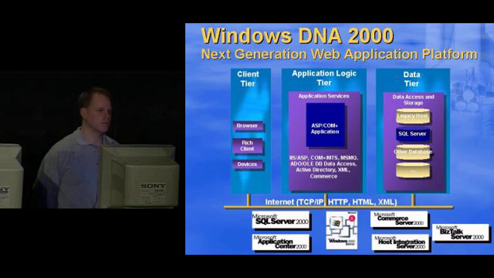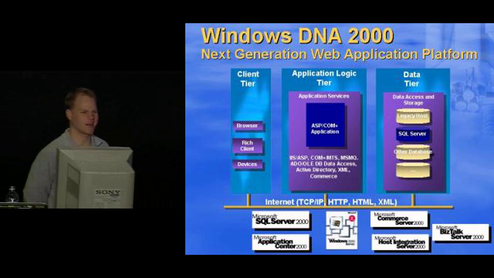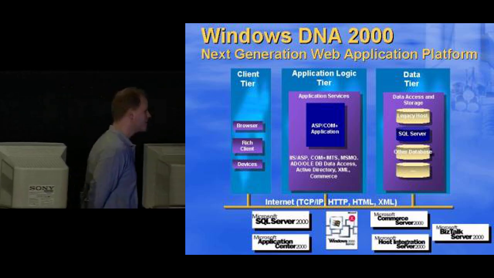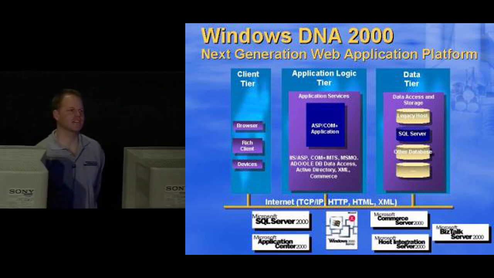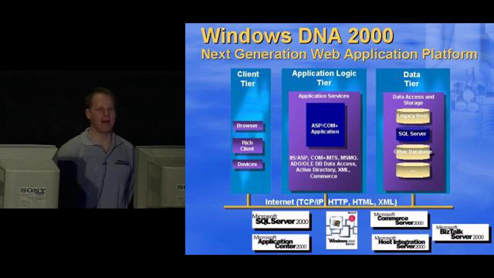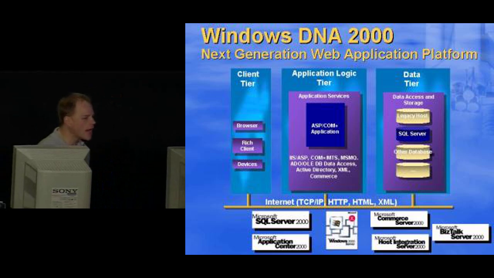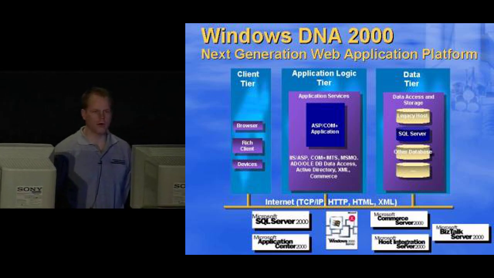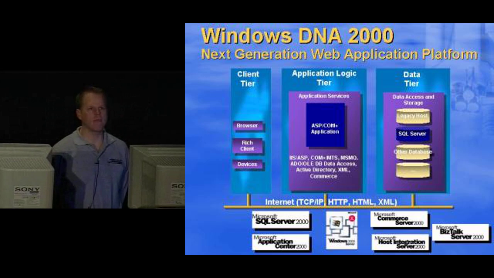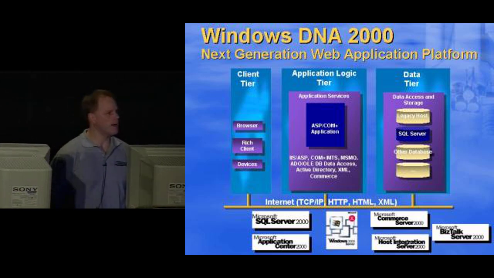I had to have the obligatory slide for every presentation here, which is just basically to talk about the Windows DNA next generation web application platform. Try to say that 3 times real fast. The bottom line here is that we're working to deliver the platform that will enable you to build the next generation web application.